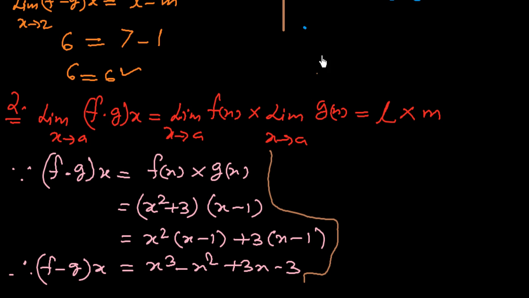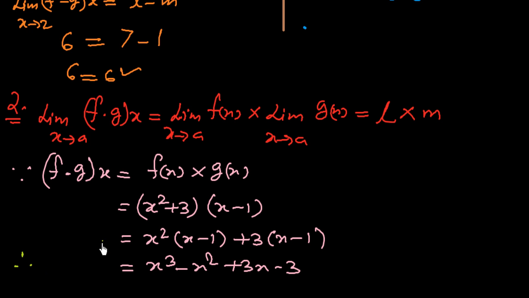Now we find out the limit for this. So we have therefore f into g of x is equal to x cube minus x square plus 3x minus 3. Now we find out the limit for this.